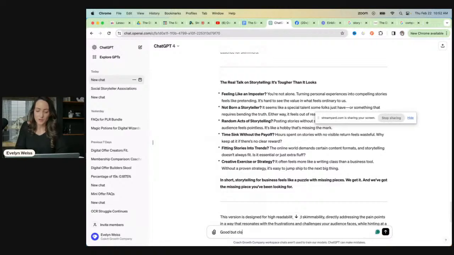Good, but closer to the words you used previously, and also make it more like someone would talk. I feel you can use even more common words.